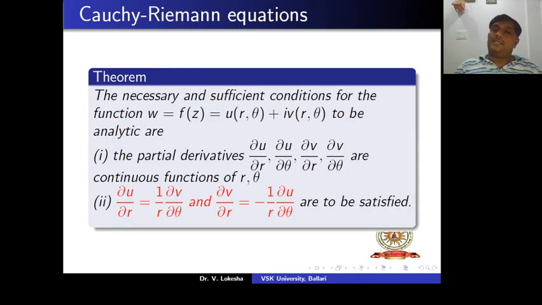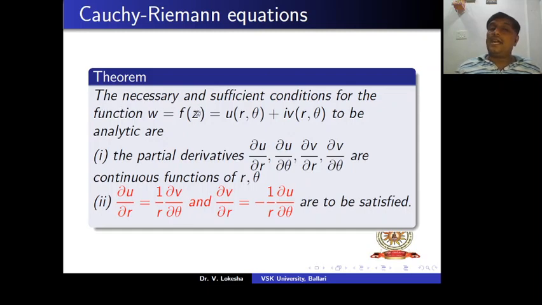Now we will discuss the Cauchy-Riemann equation in polar form. You know that u and v are functions of r and theta, the polar form of a complex number.